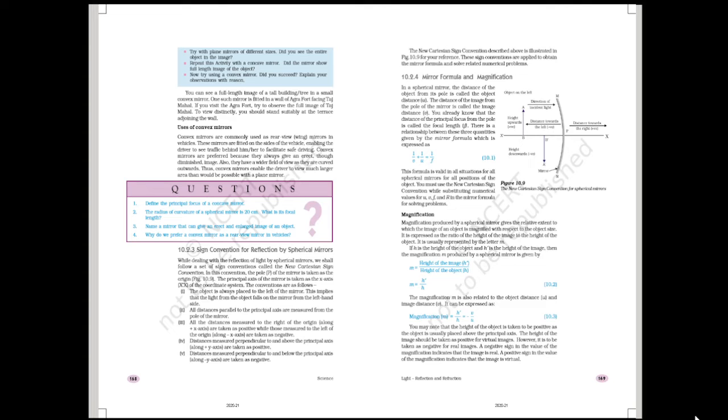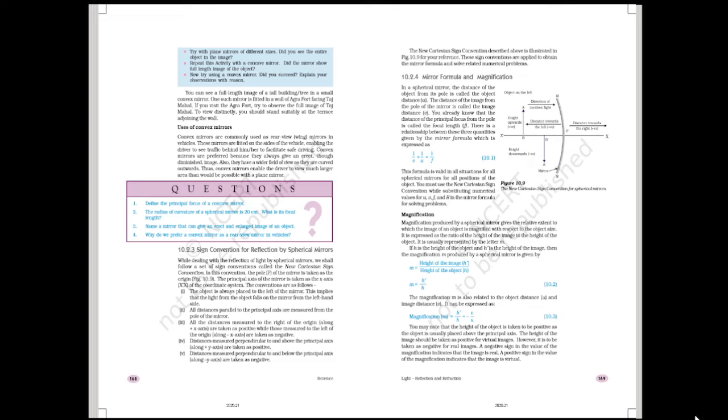The distances measured perpendicular to and above the principal axis are taken to be positive, and the fifth one is the distances measured perpendicular to and below the principal axis are taken as negative. Done.